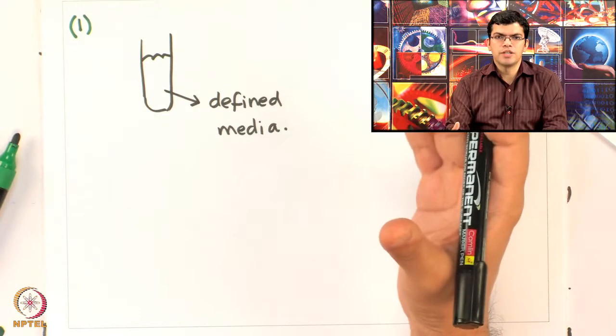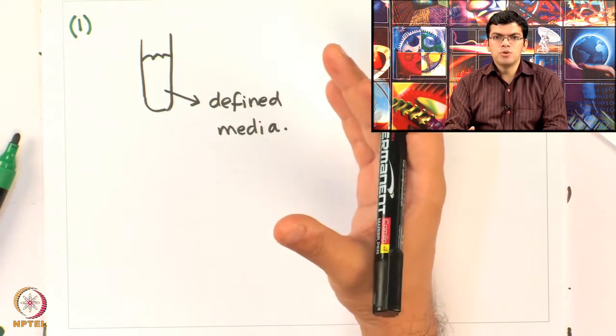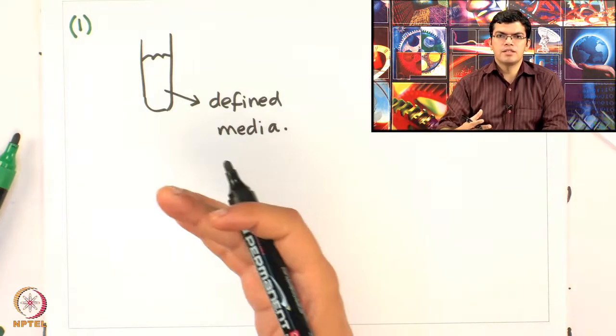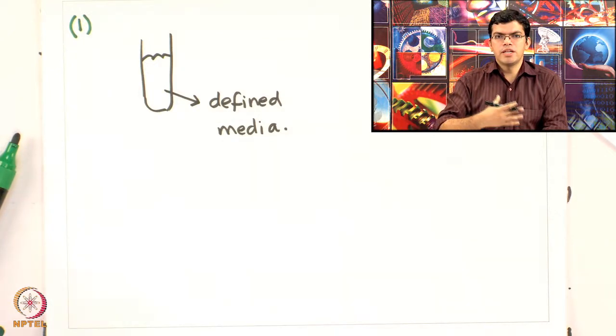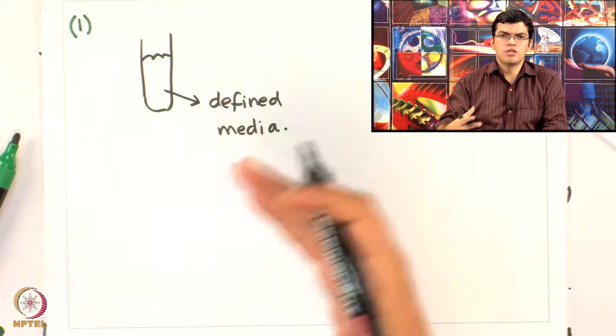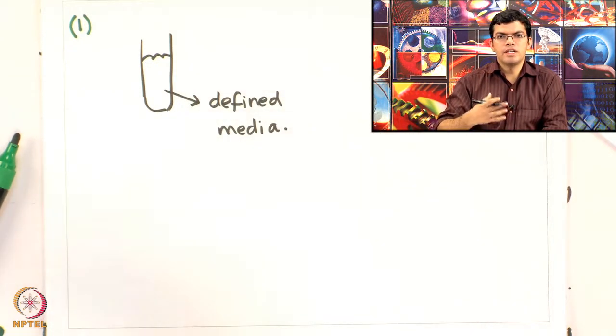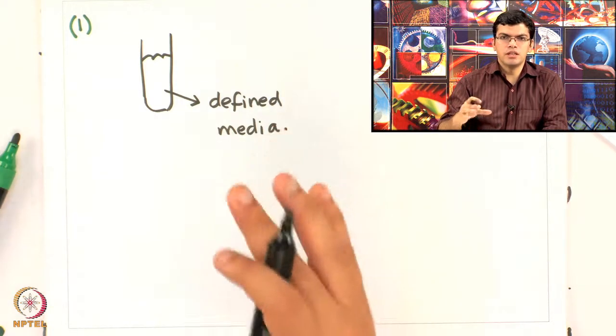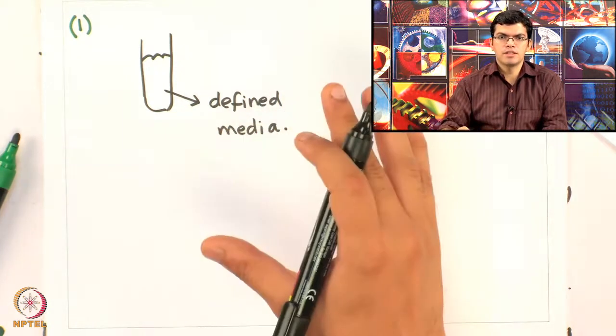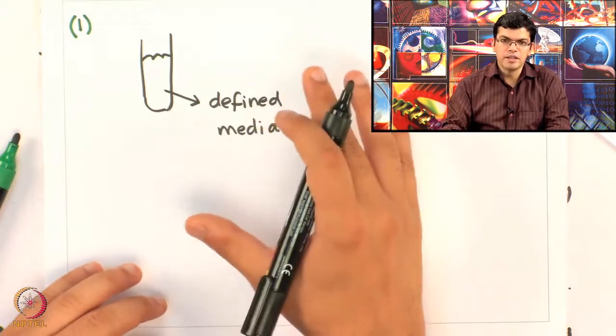It does not change with time. Every time you do this experiment, you use the same exact media so that the environment in which the cells are growing does not change with time, and you are studying evolution of this population in this particular environment. So, you fix that aspect of it by defining the media.